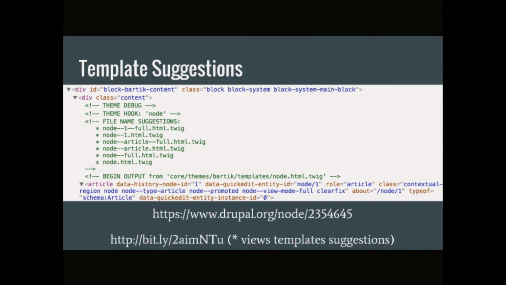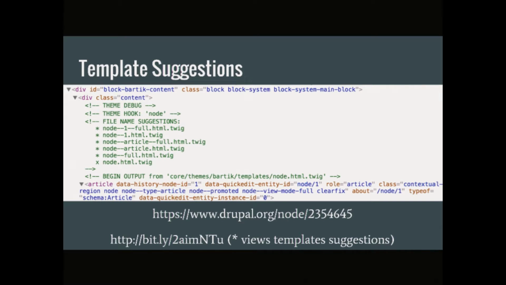Drupal will provide suggestions for the content type and the view mode that is being used, and you can add more as needed. And the last comment is the specific template that is being used to render the markup.